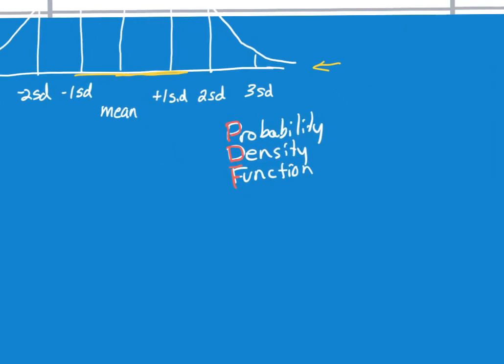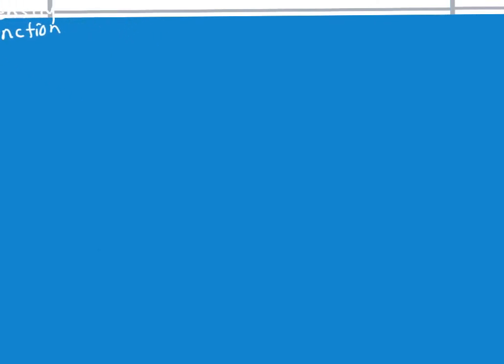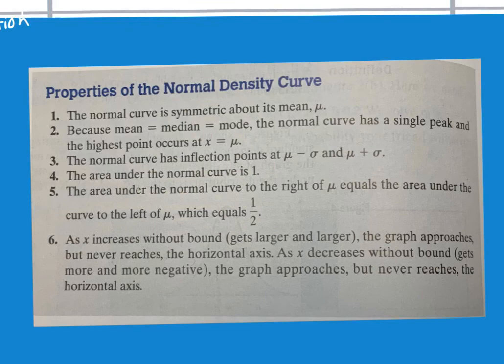So let's just move this out of the way for the moment. And I want to show you something. All right, here is a list of properties of the normal density curve that is straight from your book. And as we're talking about this, let me draw a normal density curve up here.